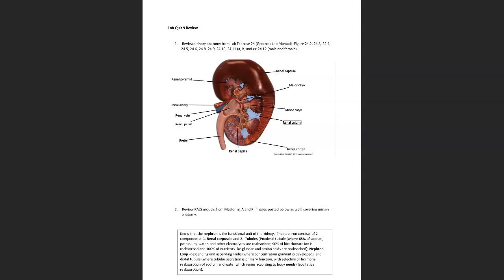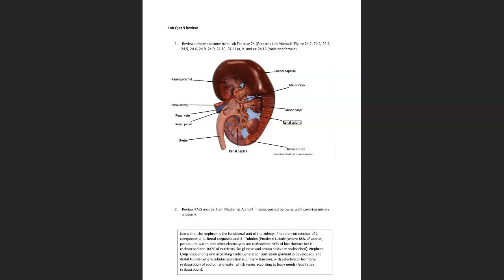So the minor calyx drains into a major calyx, which is just below the minor calyxes. Usually a major calyx will drain 2 or 3 minor calyxes, and each minor calyx will drain one pyramid.